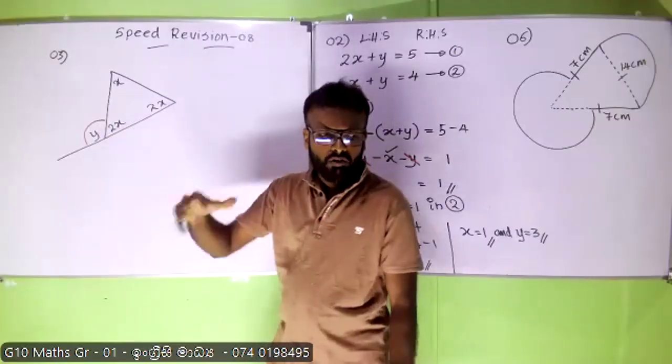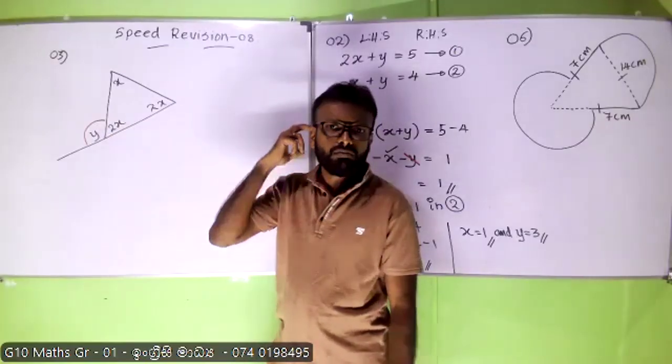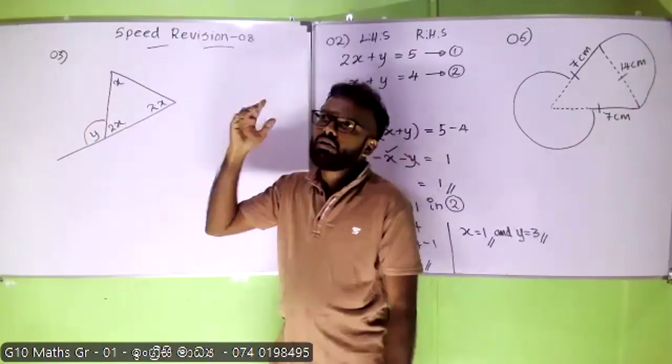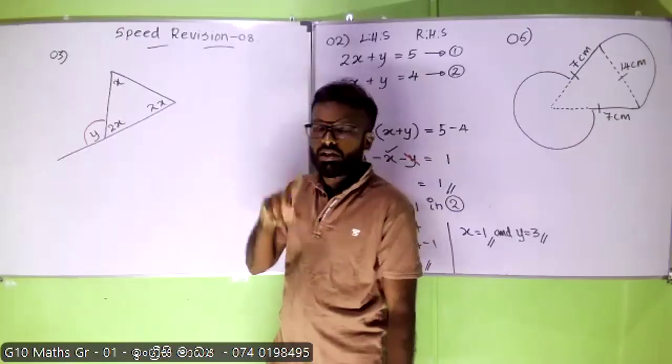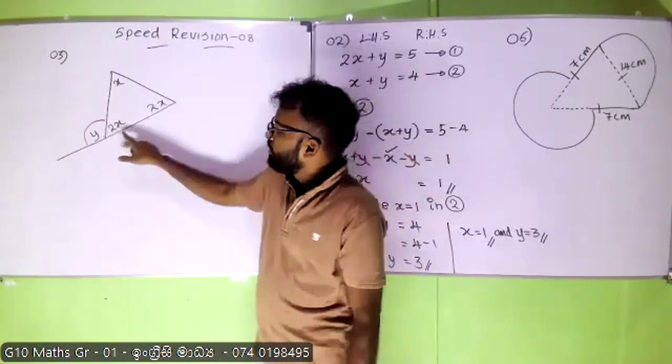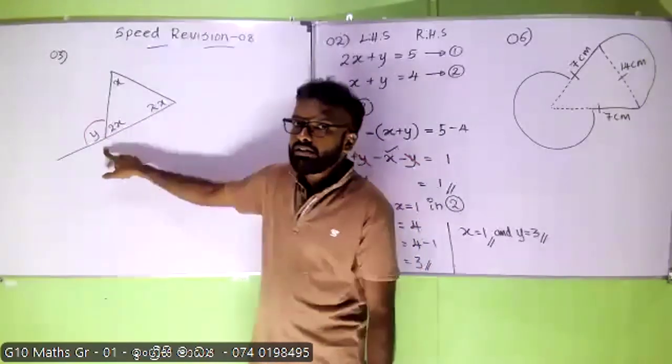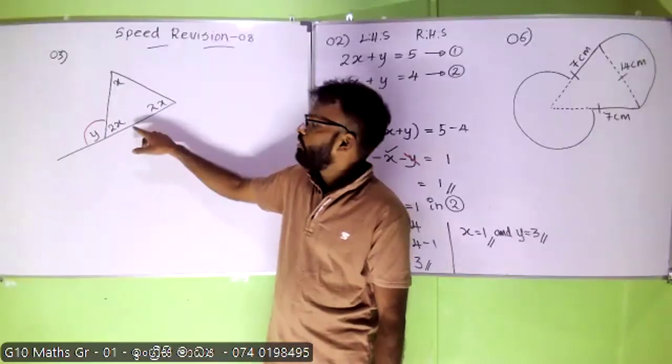I think in one of the speed revisions I have done this one also, within the last 2 weeks, right? Antima Satyadege, I did that, right? So, the exterior angle theorem of a triangle.